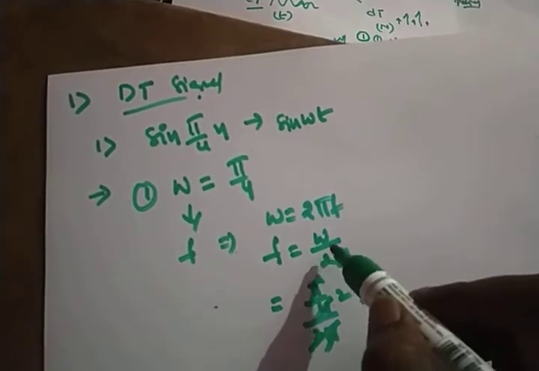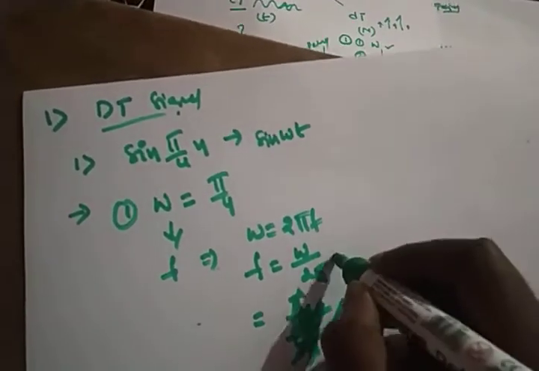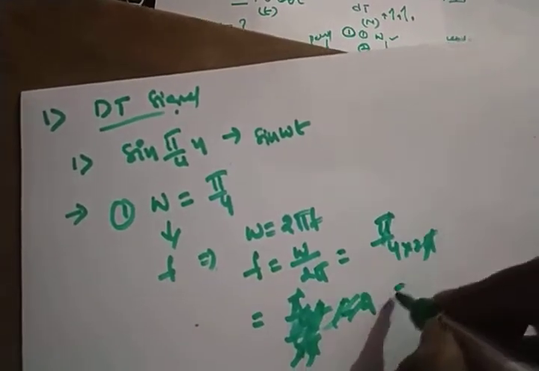Omega equal to 2 pi f, f is equal to omega by 2 pi. That means some mistake is there. So omega by 2 pi, what is the omega value? Pi by 4 into 2 pi. So what is that value? F is equal to 1 by 8. So the f value is 1 by 8.